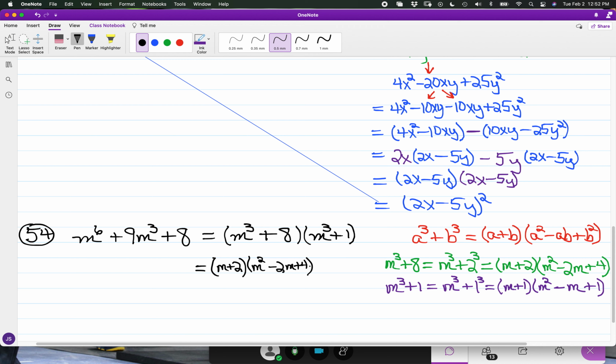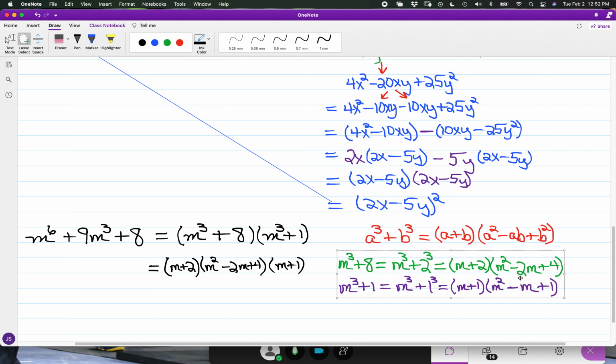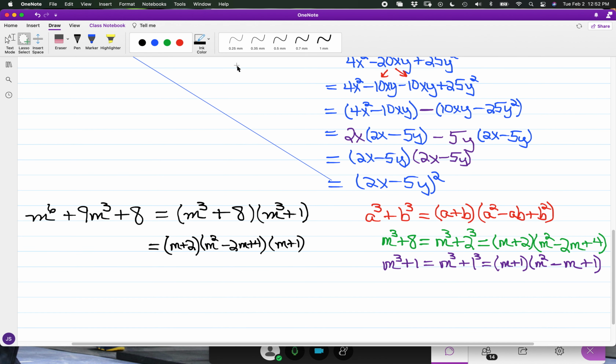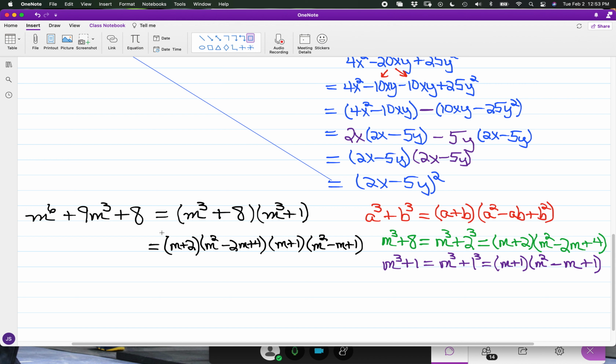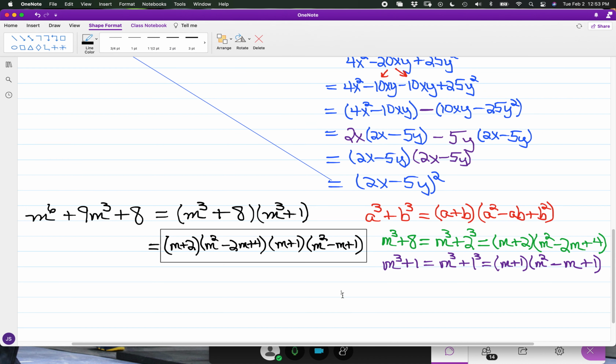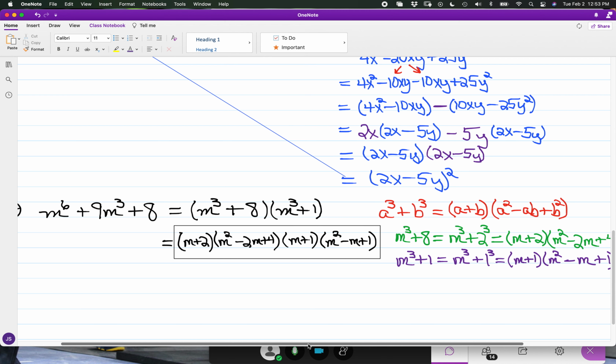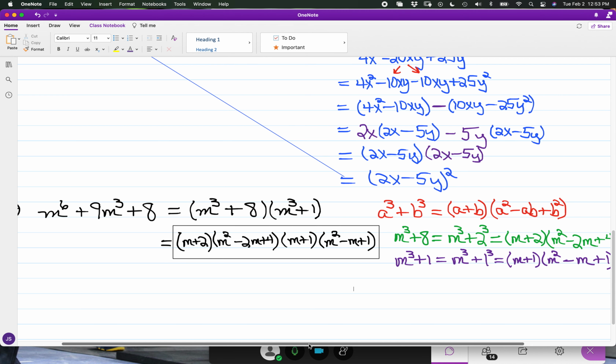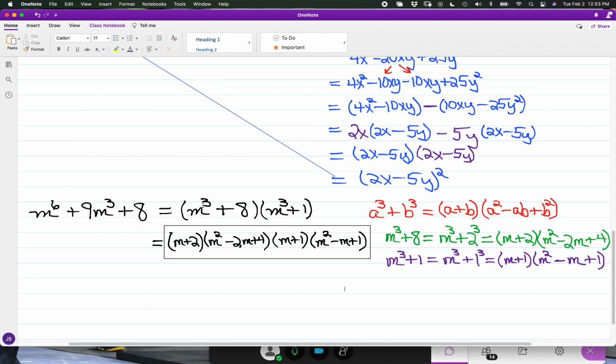And then for m cubed plus 1, we have m plus 1 times the quantity of m squared minus m plus 1. Alright, so this one was a little bit drawn out because in the factors, you had 2 sets of the sum of cubes.